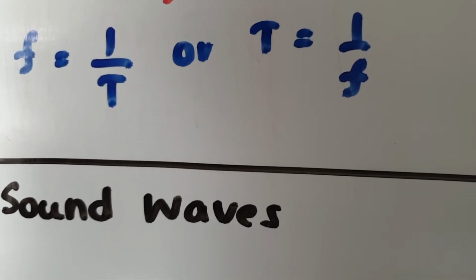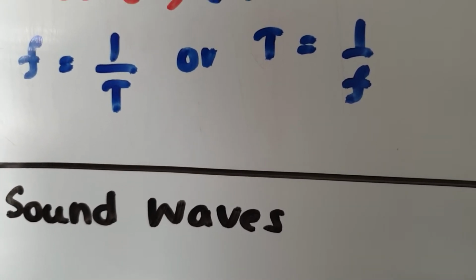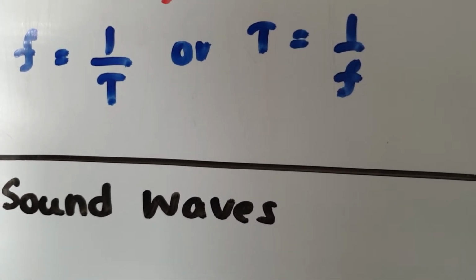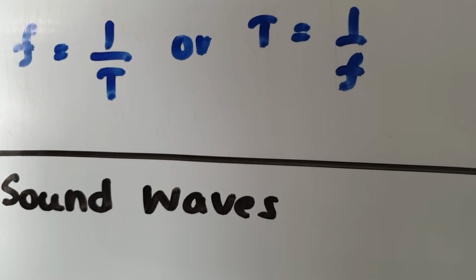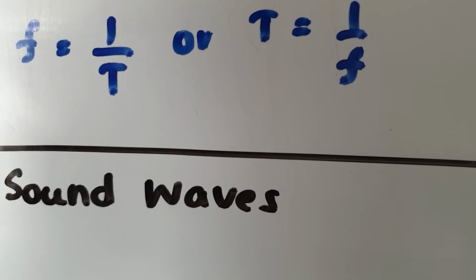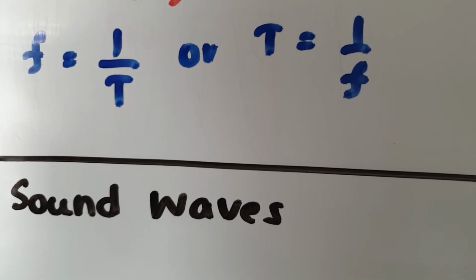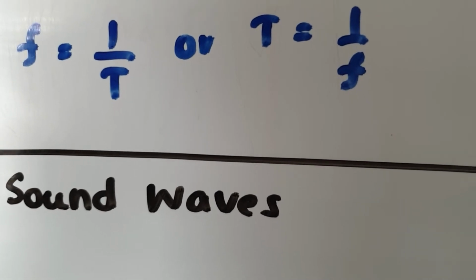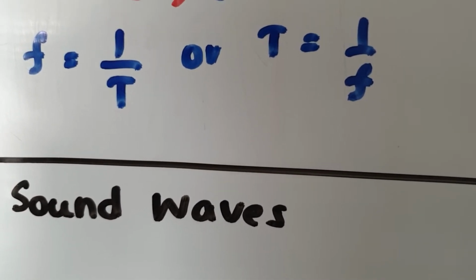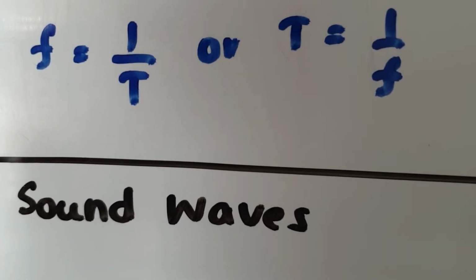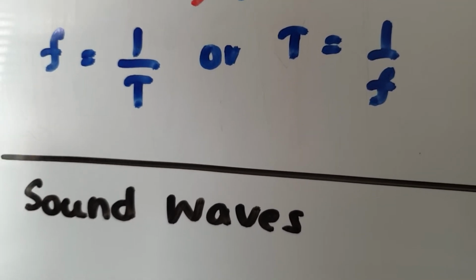Sound waves through a liquid travel faster than through a gas because the particles of a liquid are closer together. In water, it's about 1,500 meters per second as opposed to 330 meters per second in air. And sound waves travel fastest through solids because the particles are closely packed. So that's just a little bit about sound waves.